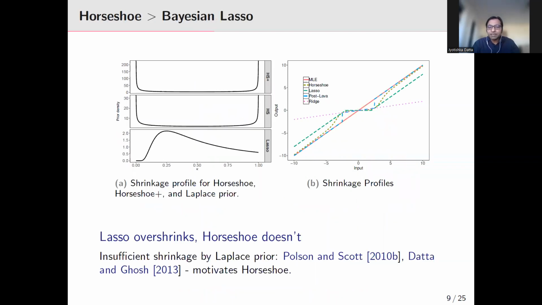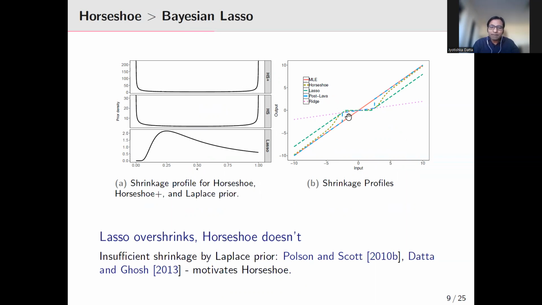So here is a demonstration of the tail robustness and sparsity. If you look at these two plots, the first one is showing two of the candidates of this family, horseshoe-plus and horseshoe. They have this characteristic U-shaped prior density, which will push the posterior mass near 0 and 1, unlike the lasso, which will push things near 0 somewhat, but not exactly has a spike at 1.